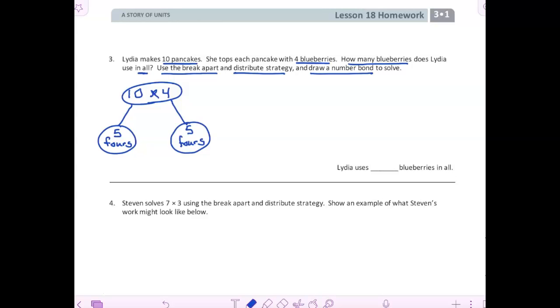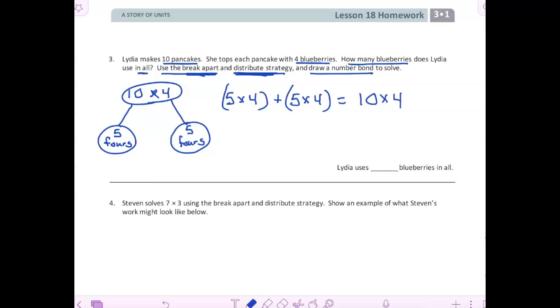Okay. So now I'm going to use the distribute because I broke it apart. We did break apart, and now we're going to distribute. So 5 times 4 plus 5 times 4 should equal our 10 times 4.